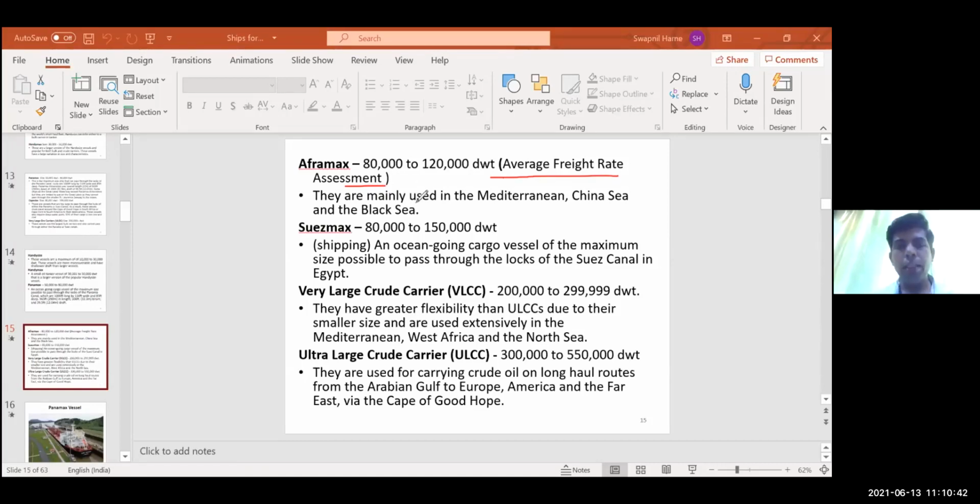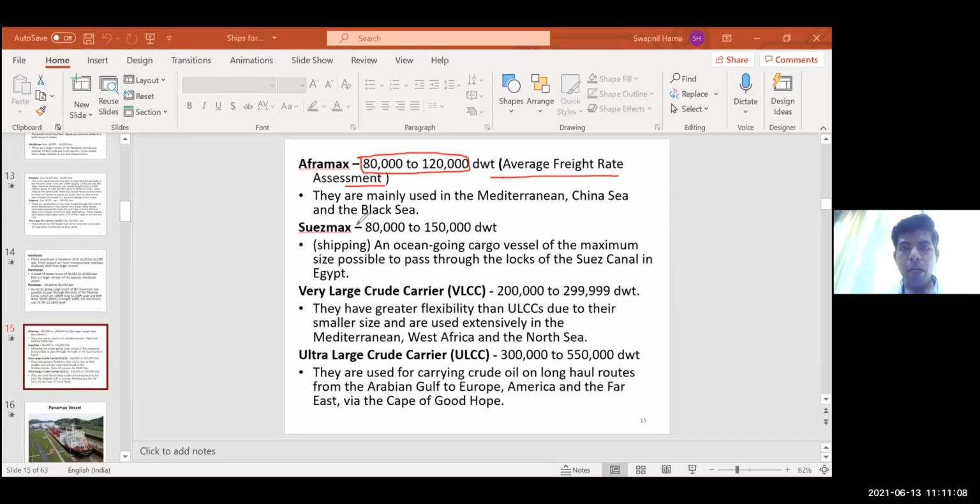That assessment happens for a particular size of vessel, ranging from 80,000 to 1,20,000 deadweight tonnes. So that's why these size of vessels are called Aframax tankers. Okay, gentlemen, clear on this?